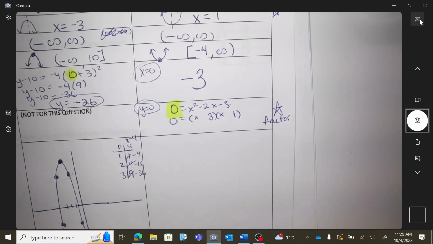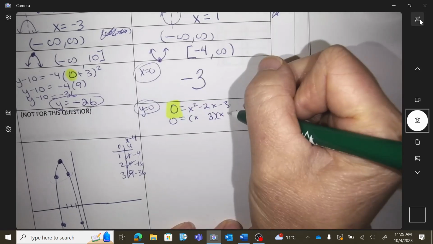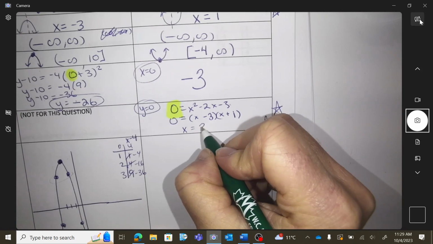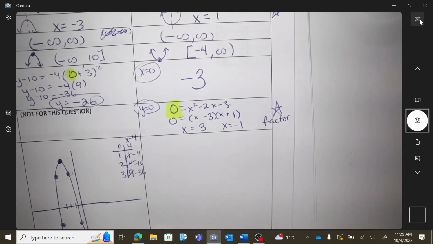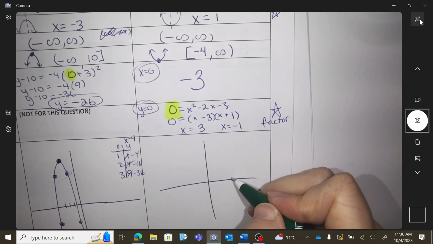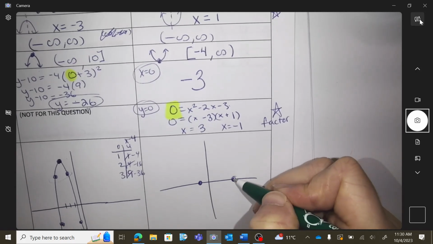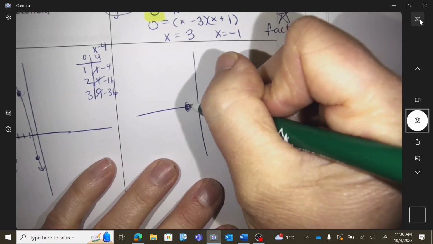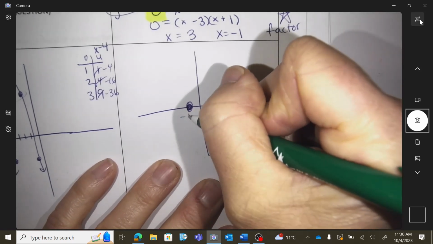And you got to get a -2 out of it. Okay, I'm going to actually get you to just plot your x-intercepts for a second. Can you just give me this? That's all I want right now. Your x-intercepts are at 3 and -1.